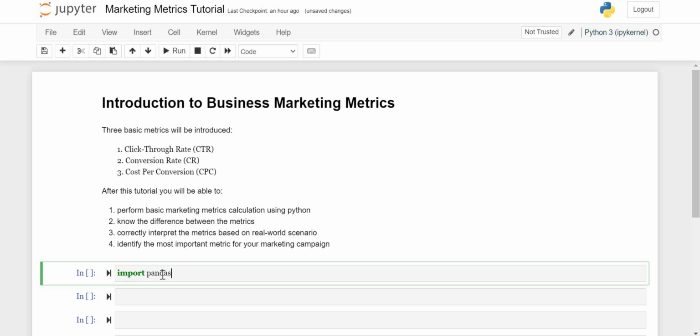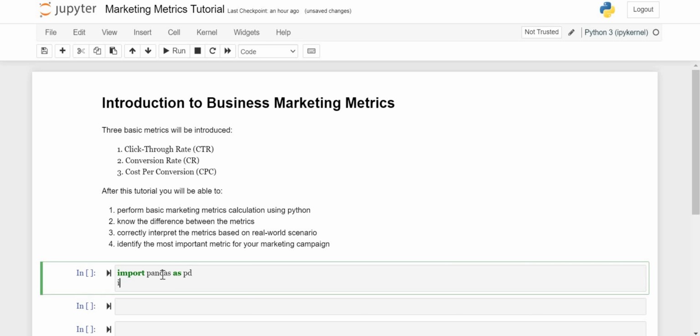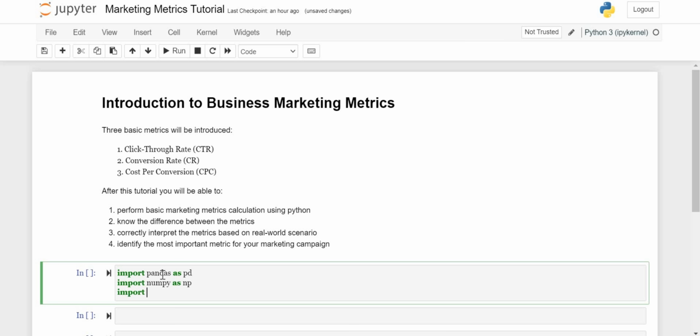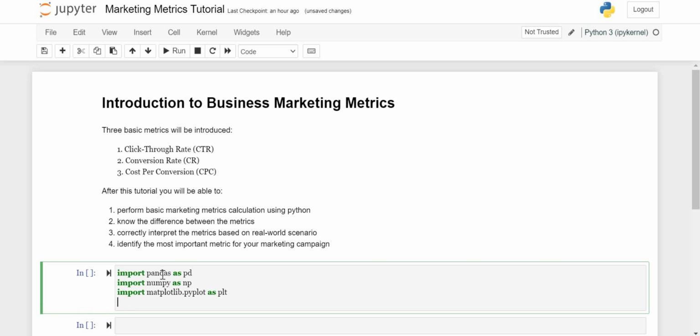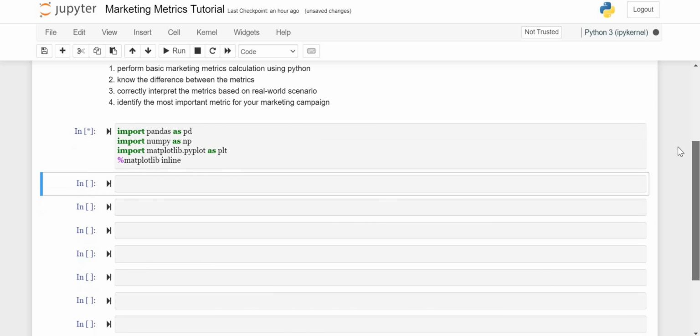Import pandas as pd, import numpy as np, then import matplotlib.pyplot as plt, then the magic command %matplotlib inline. Okay, so let's run that and see.